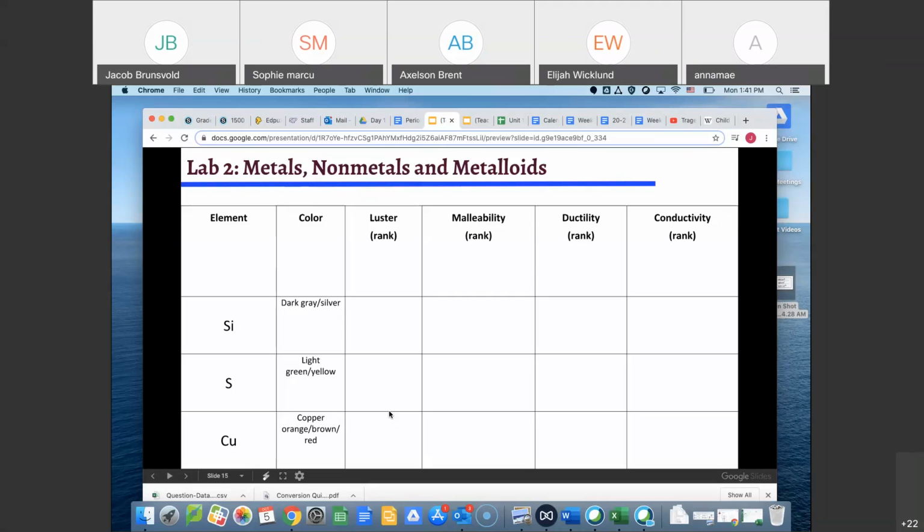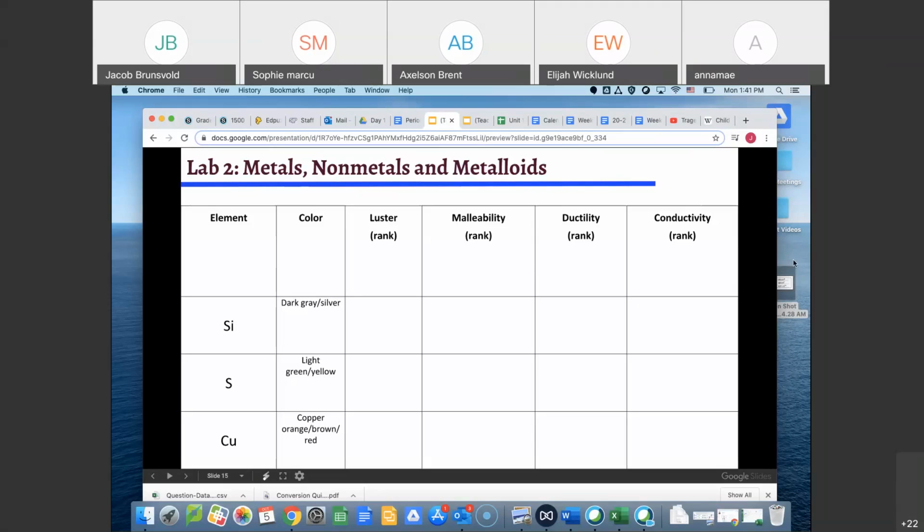I'll tell you one thing though, hitting on that with the spatula, it basically just broke into pieces. And when stuff is breaking into pieces like that, that's a good sign that it's not going to make good wire.